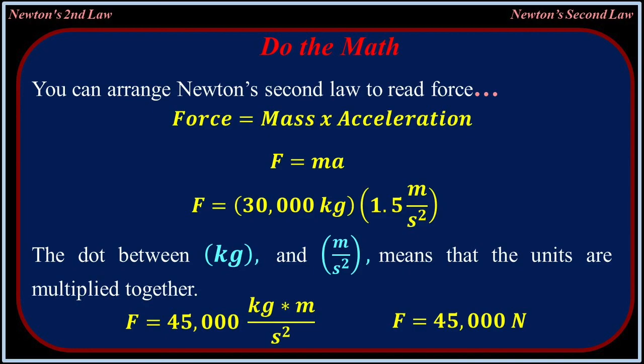So 30,000 kilograms times 1.5 is going to be 45,000 newtons, or 45,000 kilogram meters per second squared. The dot between kg and m over s squared means that the units are multiplied together. So kg dot m over second squared is actually read kilogram meters per second squared, or simply F equals 45,000 newtons.